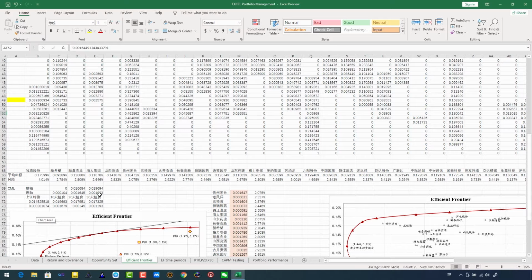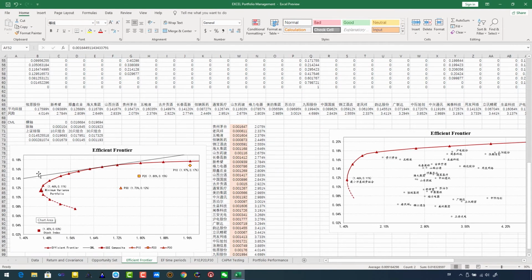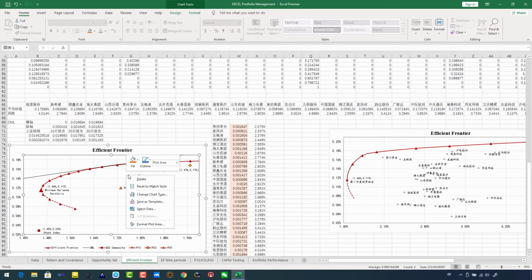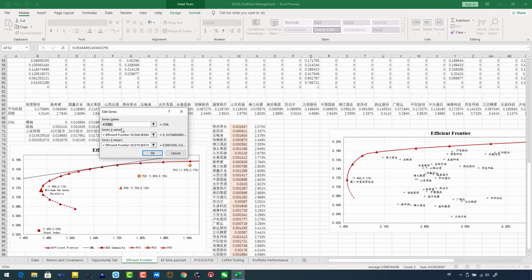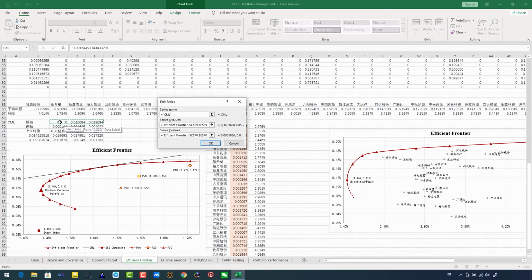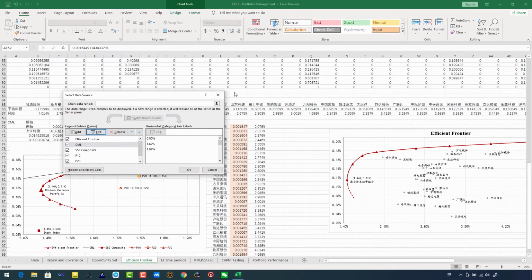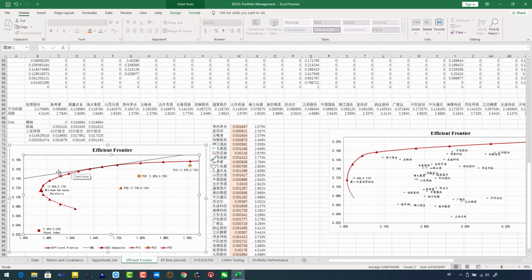Since two points give a line, you put it on the CML here. For the X, you select this one, and for the Y, you select here. Okay, so that's how we draw our efficient frontier and capital market line.